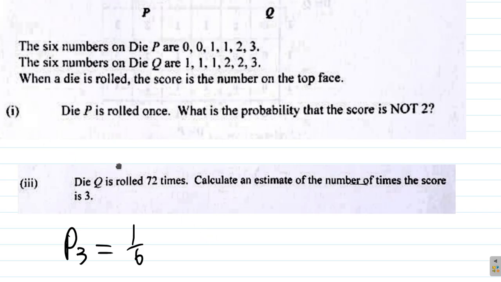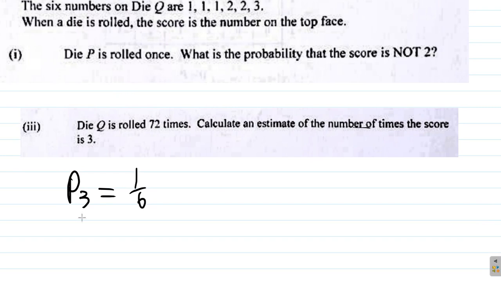Now, the number of threes would be 1/6 multiplied by 72, which would be what? How many sixes do you have in 72? 6, 12, 18, 24, 30, 36, 42, 48, 54, 60, 66, 72.